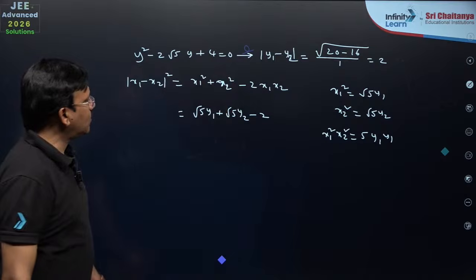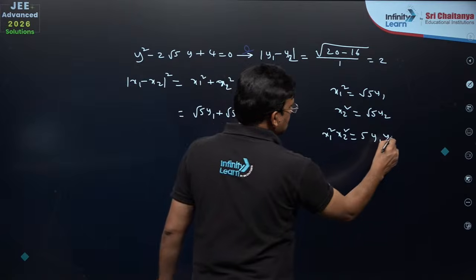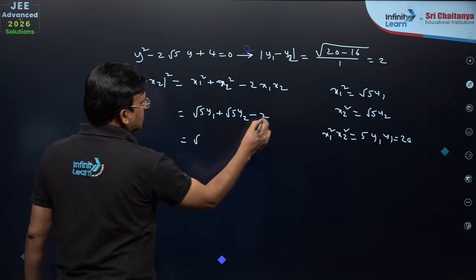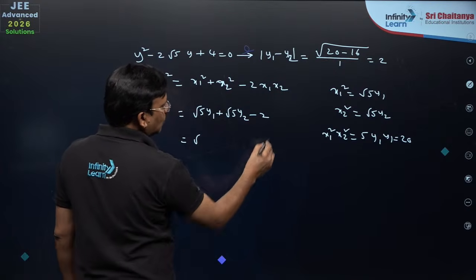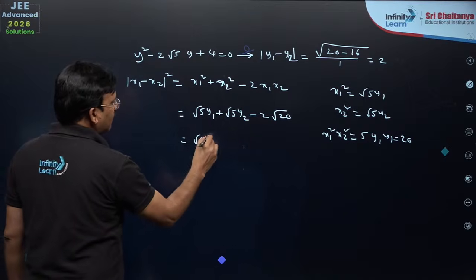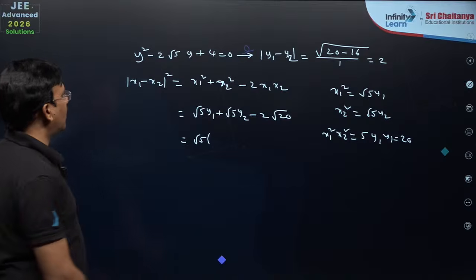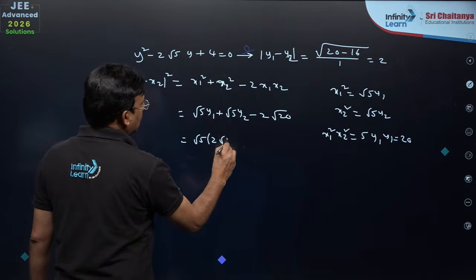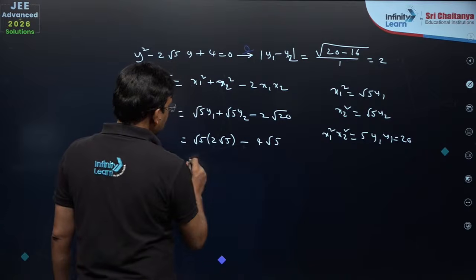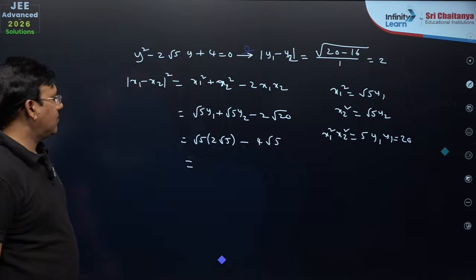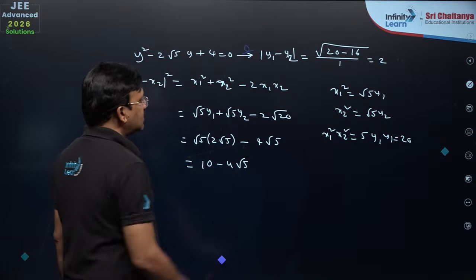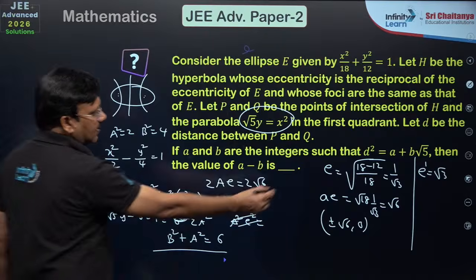From this y1 y2 is equal to 4, which gives 20. So this is minus 2 into root 20. So this becomes root 5 into y1 plus y2, sum of the roots is minus b by a, 2 root 5, minus 4 root 5, which is going to be 10 minus 4 root 5. This is what he has given as d square.